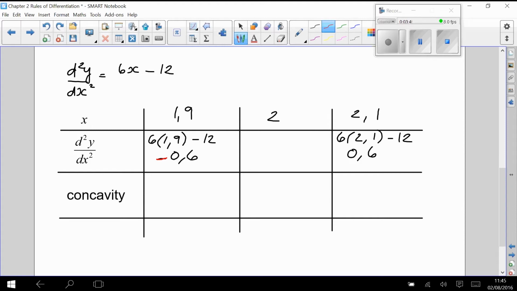In other words, the shape looks like this. If I have a positive for the second derivative, it's concave up. In other words, as the concavity changed very close to that point (2, 3), that point is in fact a point of inflection.